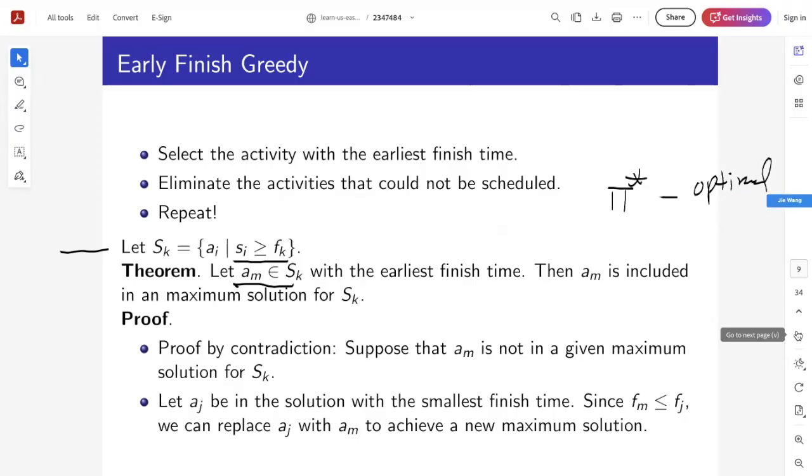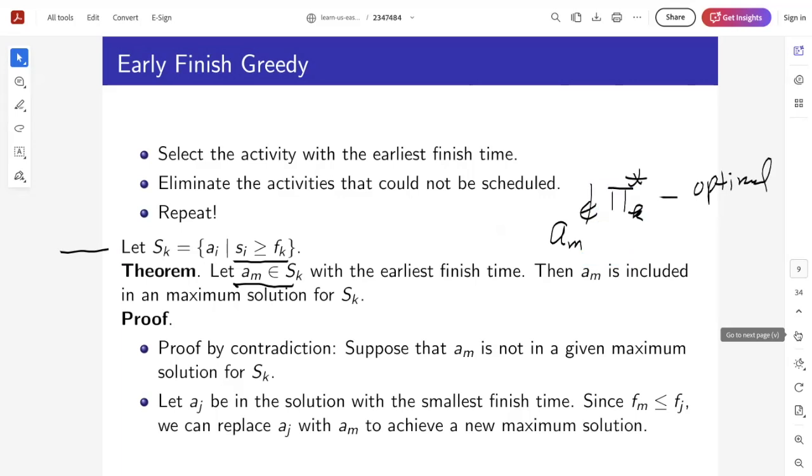Suppose AM has the earliest finish time, but AM is not in it.